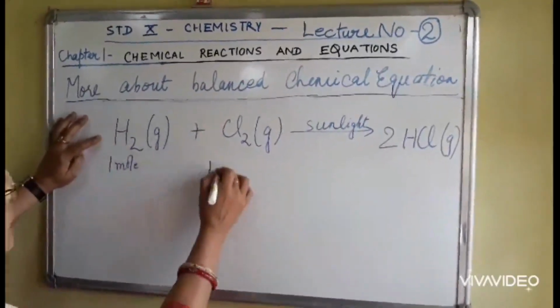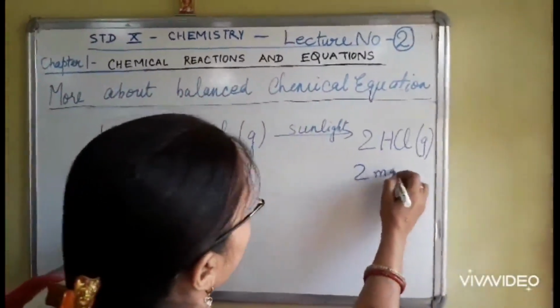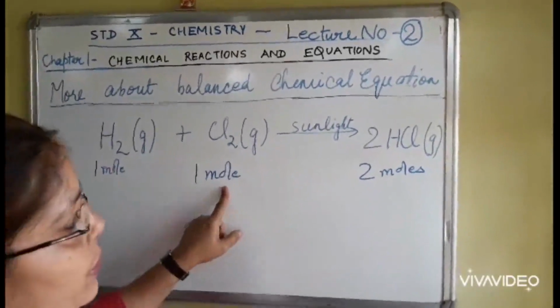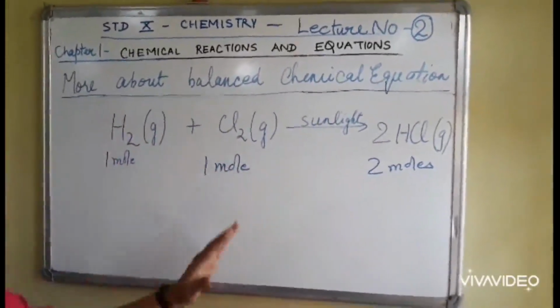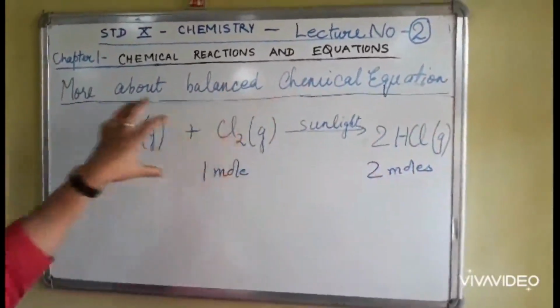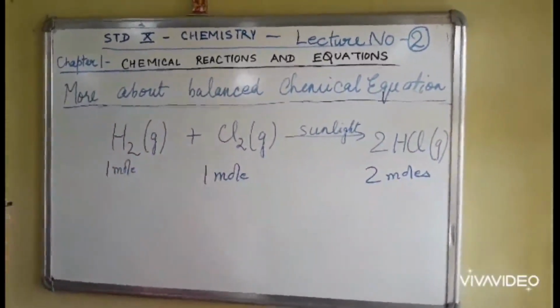Here also no number, it is 1 mole. 1 is understood. Here it is 2, so this is 2 moles. So 1 mole of hydrogen gas reacts with 1 mole of chlorine gas to produce 2 moles of HCl. This concept helps you to understand how many moles of product are formed from how many moles of reactant. You will read this in detail in higher classes.